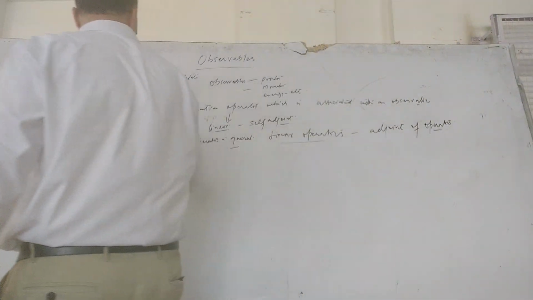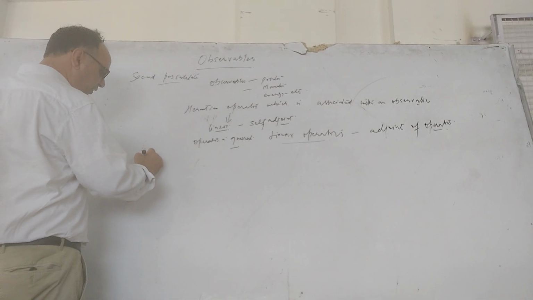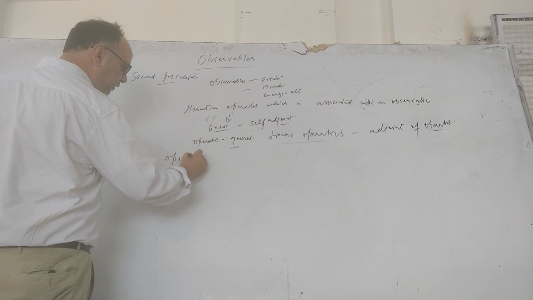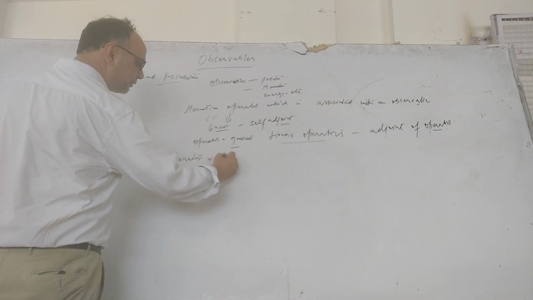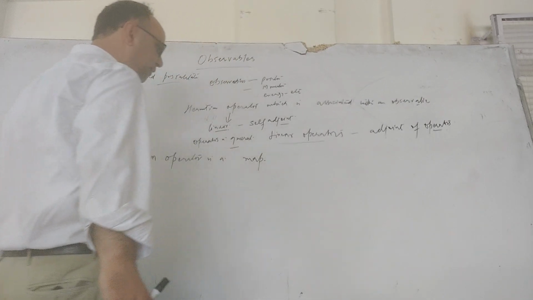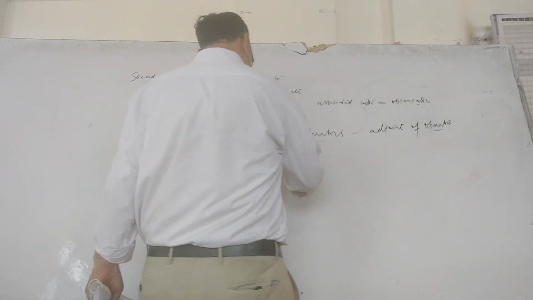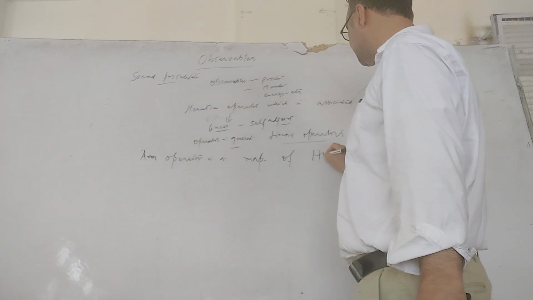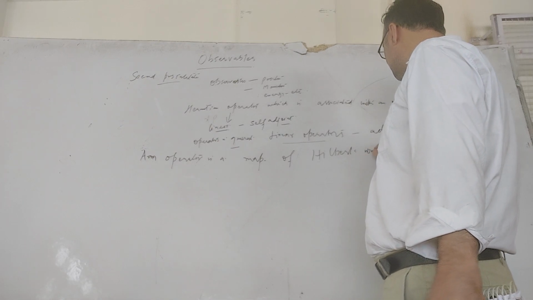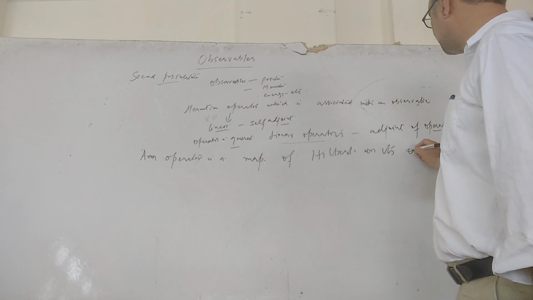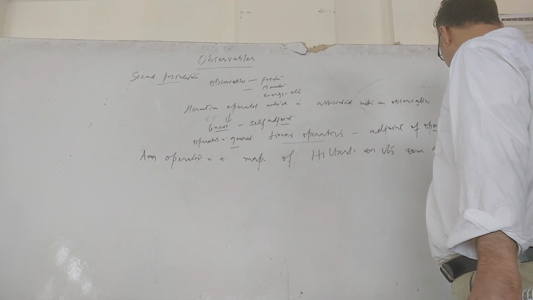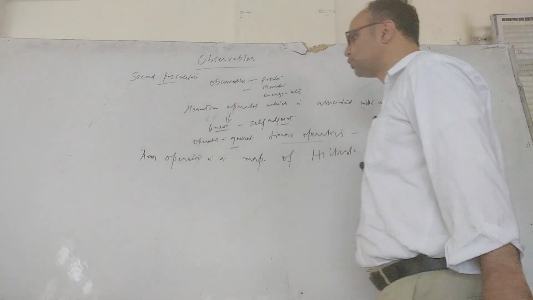If we sum up in one sentence, an operator is a map of Hilbert space on itself.